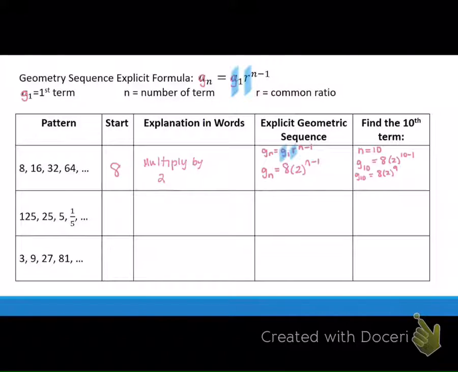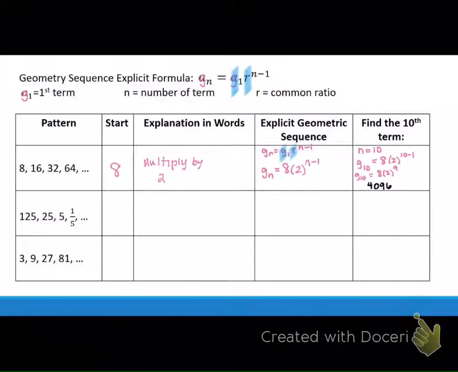What did you type into your calculator? I did something like 64 times 2. Yeah, try to do that again. So you guys should have gotten 4,096. Try that again.